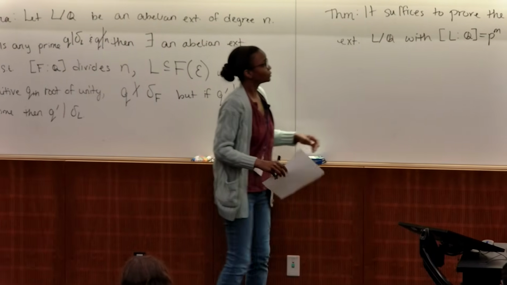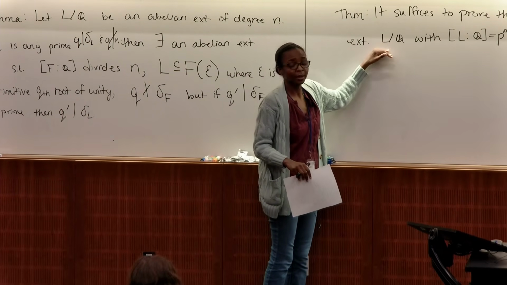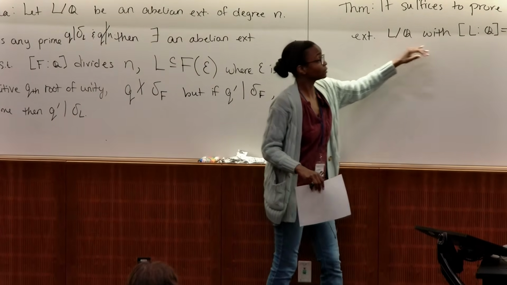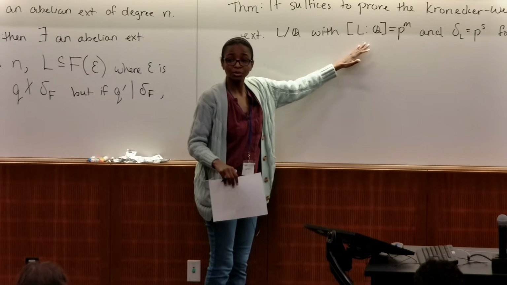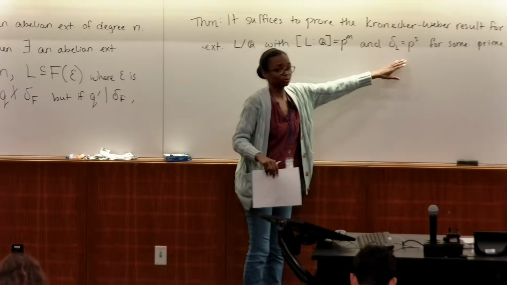Okay, in other words, we don't have to prove Kronecker-Weber for an arbitrary extension of prime power degree. We can instead focus on the case where we are dealing with extensions where we know that the degree of the extension is a prime power, but also this important invariant, the discriminant, is a prime power with the same prime.